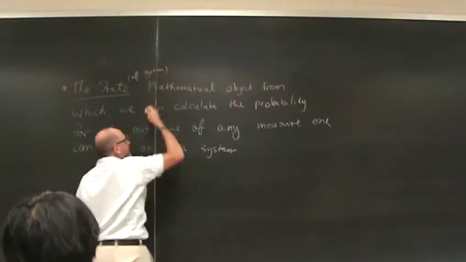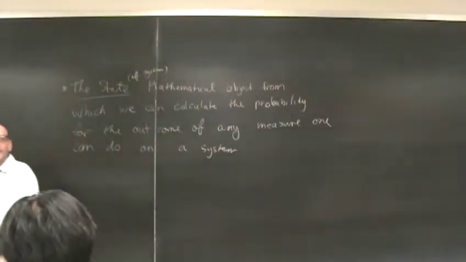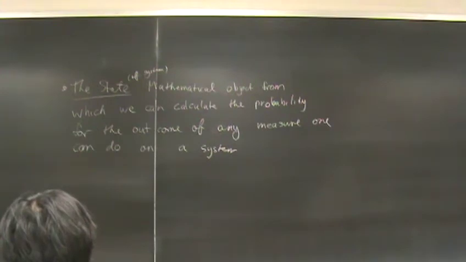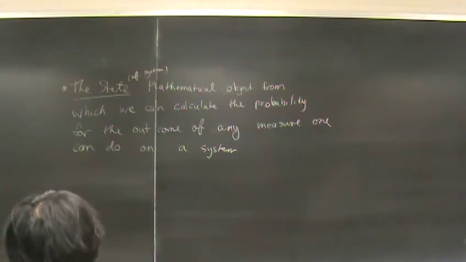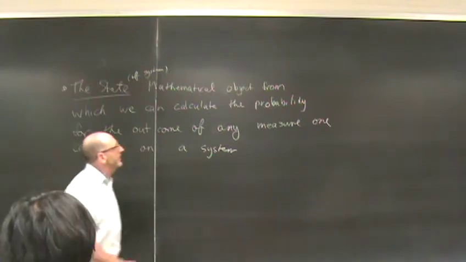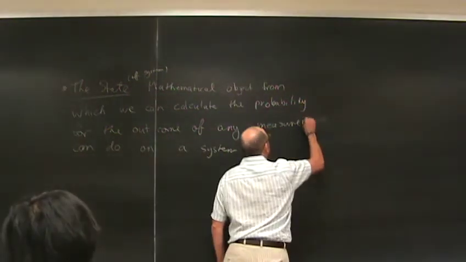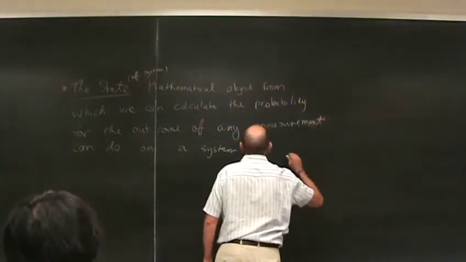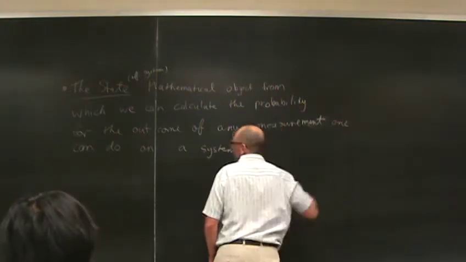So there's some physical thing we're calling the system, and to it we assign a state. The state is a mathematical object, and we use it to calculate the probability for any measurement one can do.